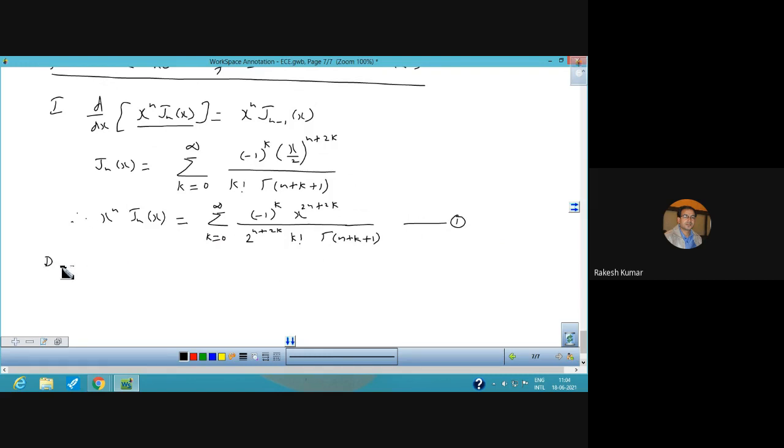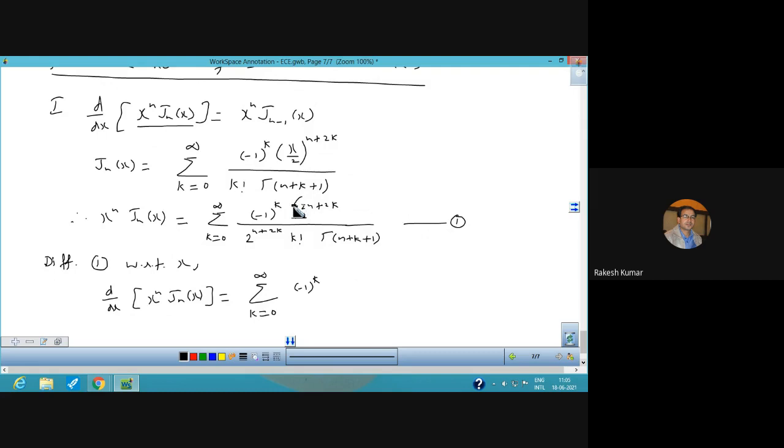Differentiating equation 1 with respect to x, you will have d/dx of x^n J_n(x), and now you just need to find the derivative of this term on the right hand side, summation (-1)^k.